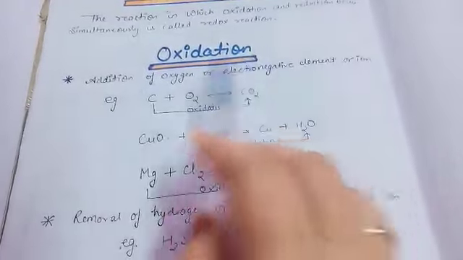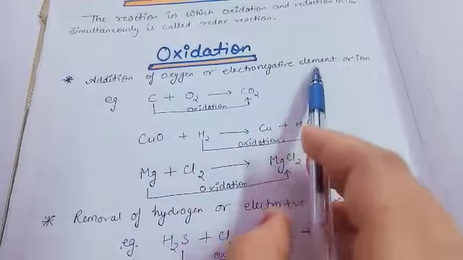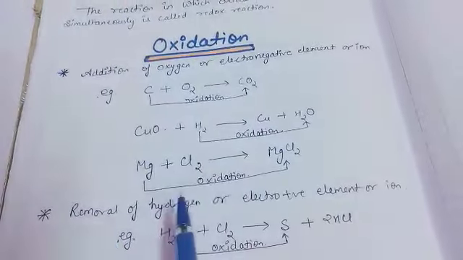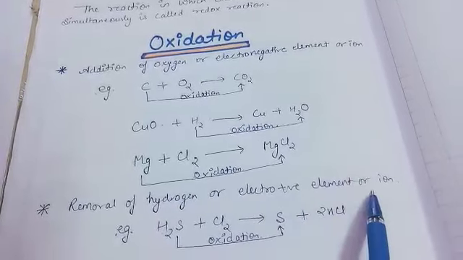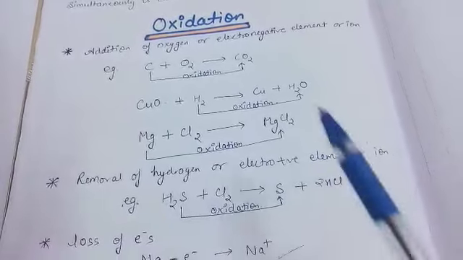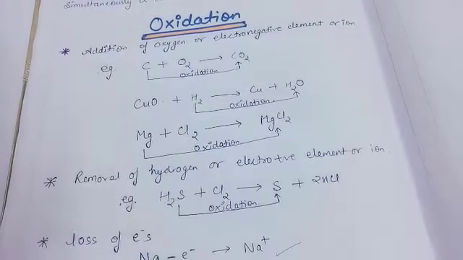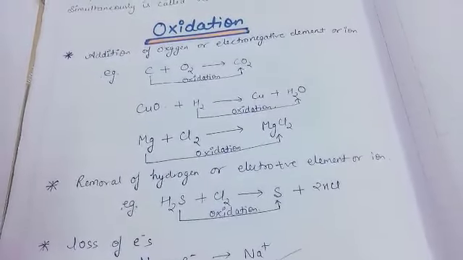So in reduction, there is removal of oxygen or electronegative element or ion, then addition of hydrogen or electropositive element or ion, or gain of electron. So all the definitions are the opposite of oxidation, and most of the reactions are redox reactions. Not all reactions, but most of them.